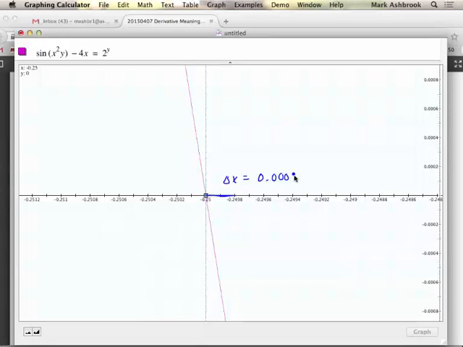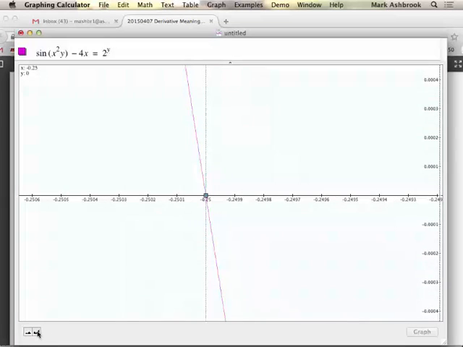That might be too small. If we had more decimal places, it would be fine, but we might not have enough decimal places for this. So I'm going to zoom out a little bit because we don't have enough precision in our numbers. The more you zoom in, the more accurate it'll be, but only if you have enough decimal places.